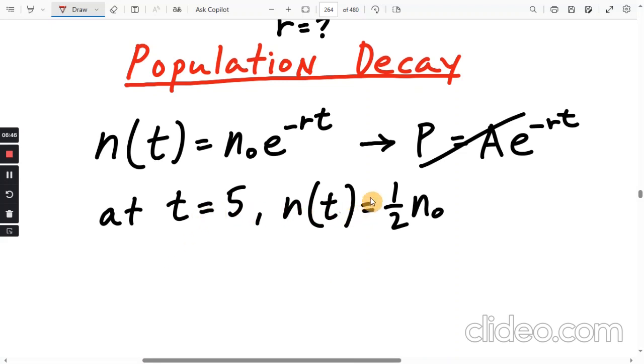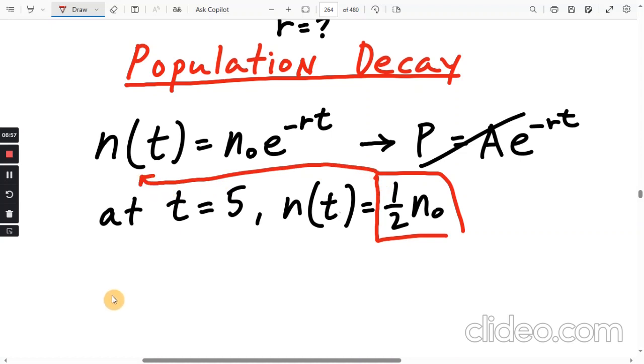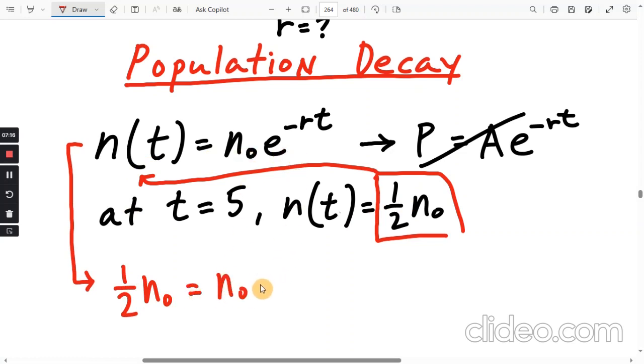In place of N of t, I am going to plug in 1/2 N sub 0, and that's going to equal N sub 0 times e to the negative rt.